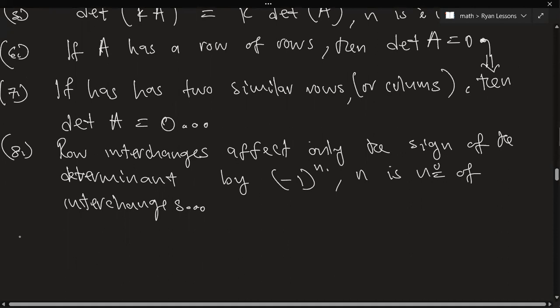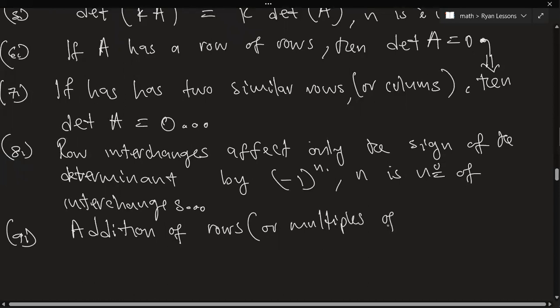Then the other one is 9, which says that addition of rows or multiples of rows does not affect the determinant.